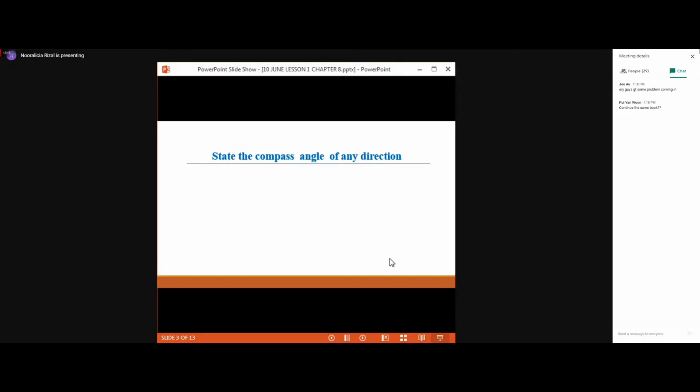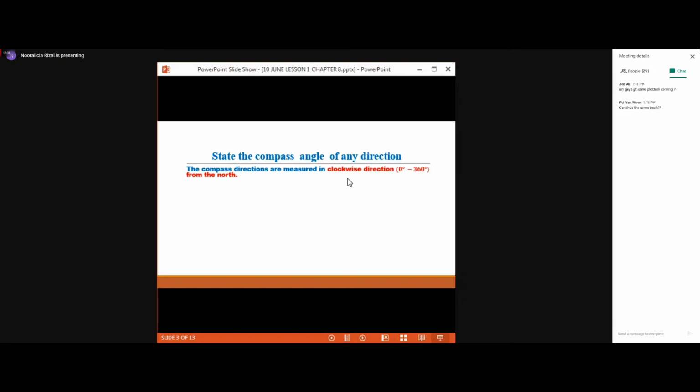So the next slide here, okay. Now, state the compass angle. I repeat, when talking about angle here of any direction. So how do we get the angle, all right, from your compass? All right, so this one you see, please take note on the highlighted words here, all right? The compass directions are measured in clockwise direction. That is very important.